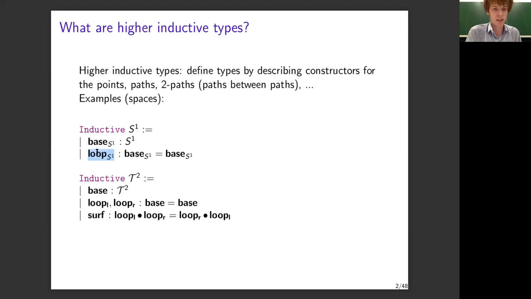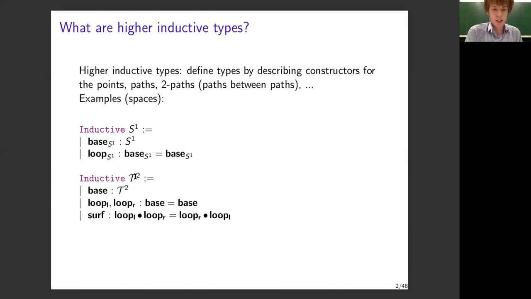The second one is a path constructor, loop, a path between base and base. This type cannot usually be expressed as an inductive type, and if you assume the univalence axiom, you can also prove that loop is not equal to reflexivity.